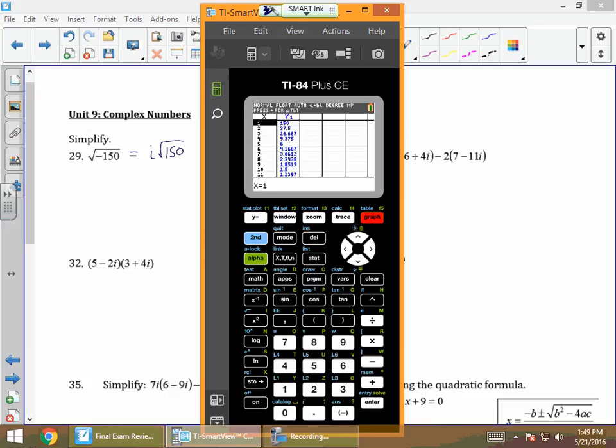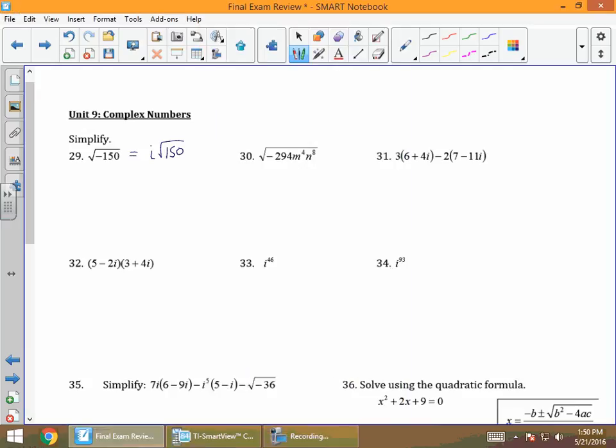Once I get down to 1, there are no other simplifications I can use. So I'm going to use the 5 and the 6: 5 on the outside, with the i, and 6 on the inside. So 5i radical 6.